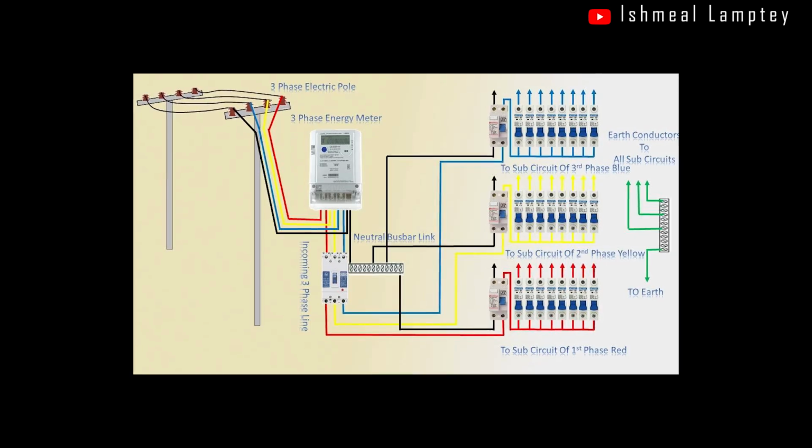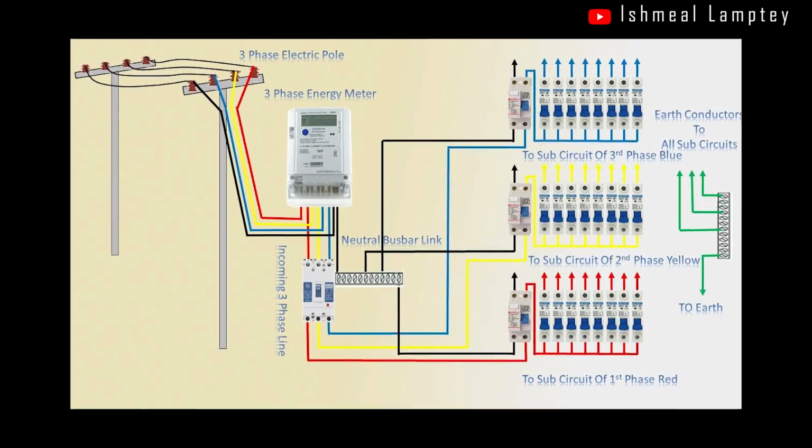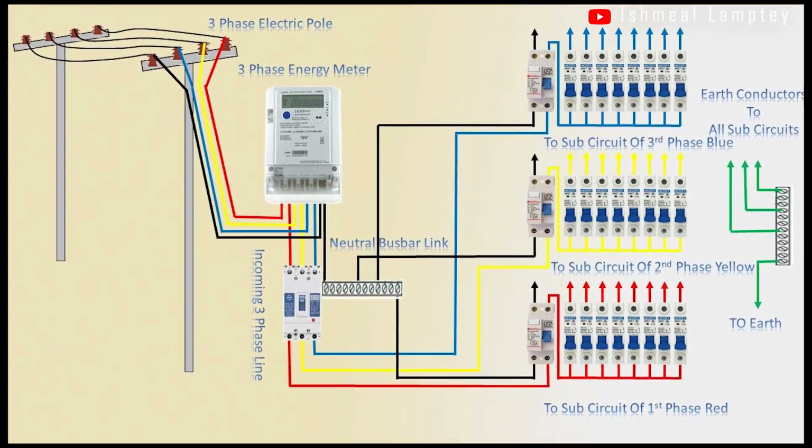Usually for three phase, you have three positive or live wires, and then you have one neutral or negative wire. For two phase, you have two positive cables and one negative cable. For one phase, you only have one positive cable and one negative cable. The same as you have for the grid, you also have inverters that are three phase as well as single phase and even two phase. I hope you get it.